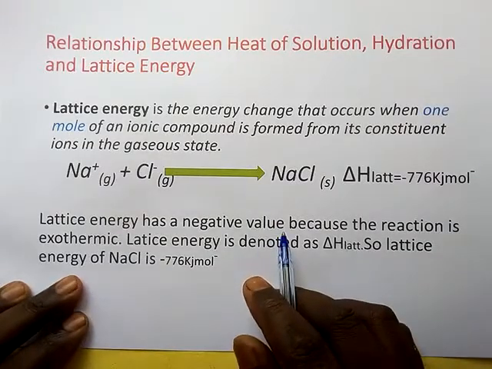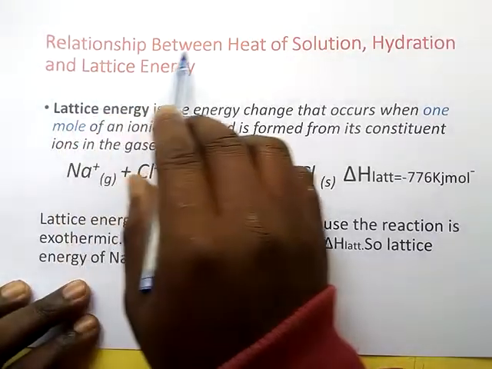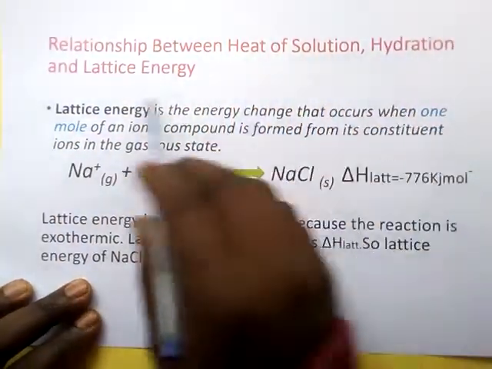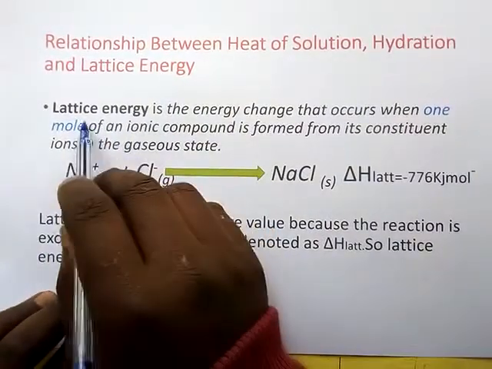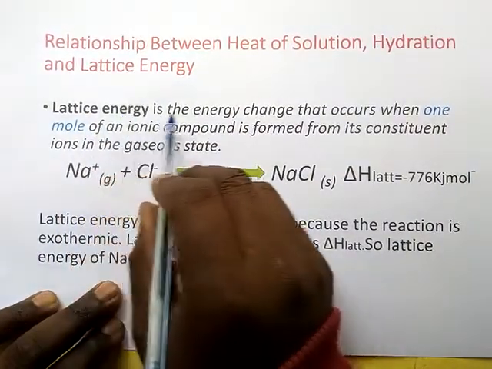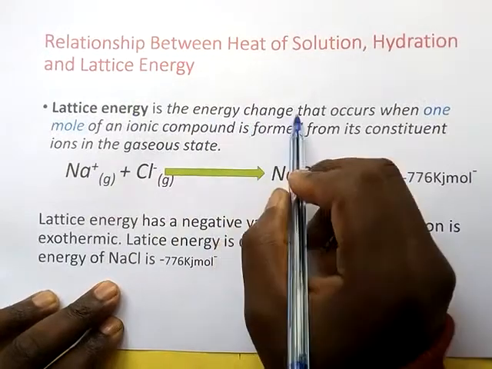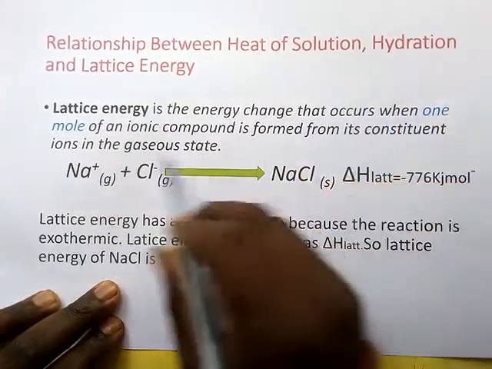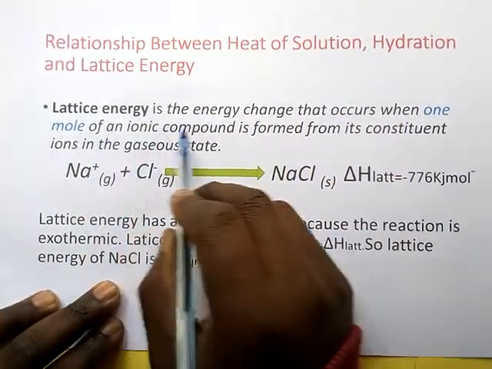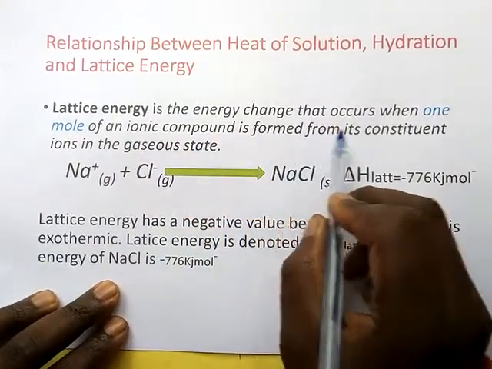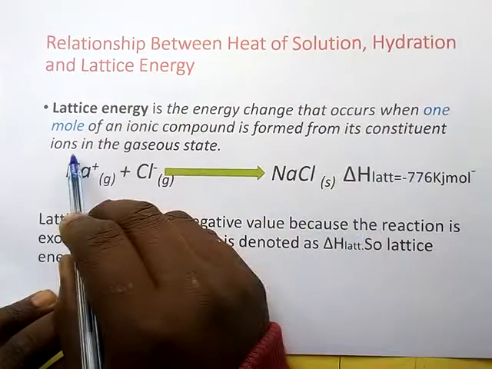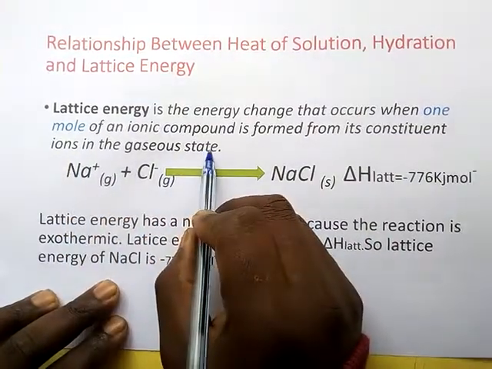Back to our business of the day, the relationship between heat of solution, hydration, and lattice energy. So let us define what is lattice energy. Lattice energy is the energy change that occurs when 1 mole of an ionic compound is formed from its constituent ions in gaseous form.